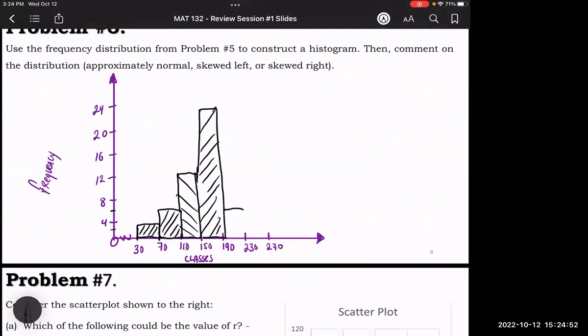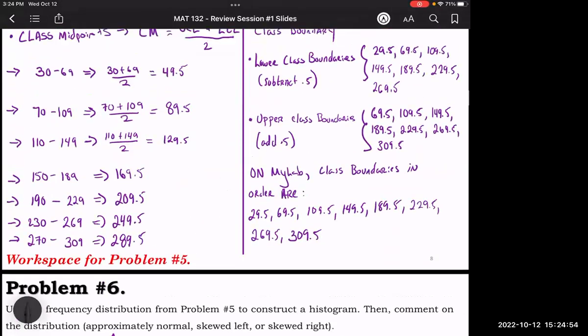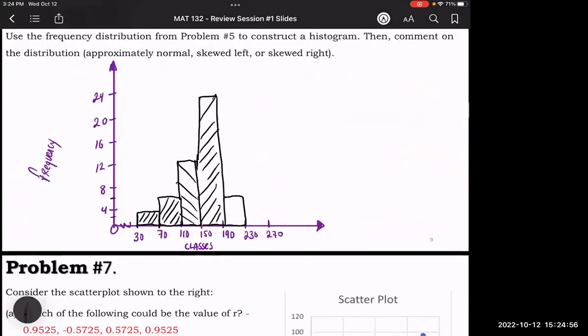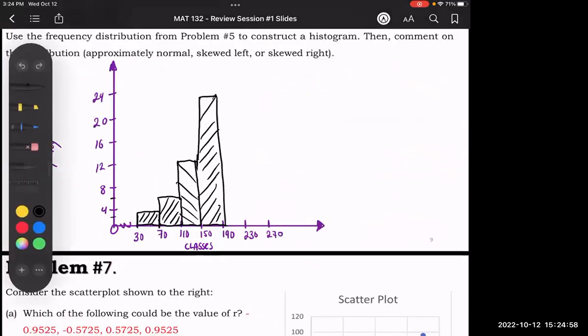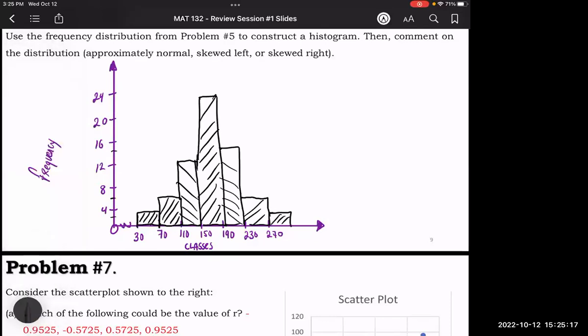So we did that earlier. No, wait, did I make a mistake? Oh, the next one is 14. My apologies. So sorry that I'm going back and forth and I'm probably making some of you dizzy in the Zoom meeting. The next one was 6. And I think the last one was 3. Okay, so that's approximately what our histogram looks like.